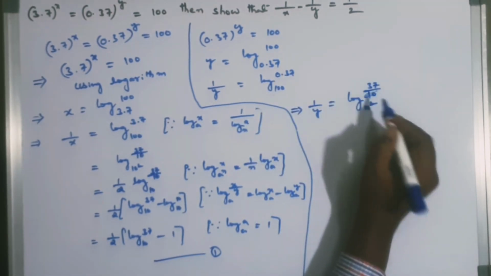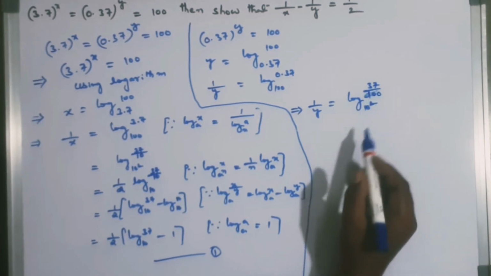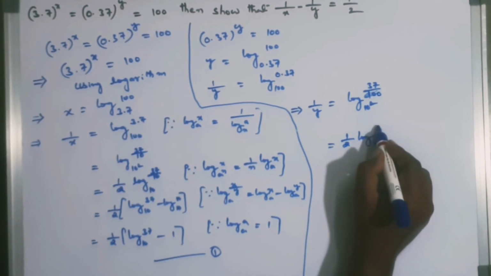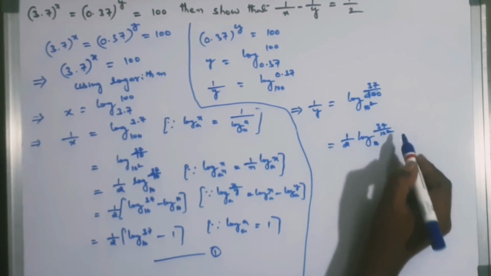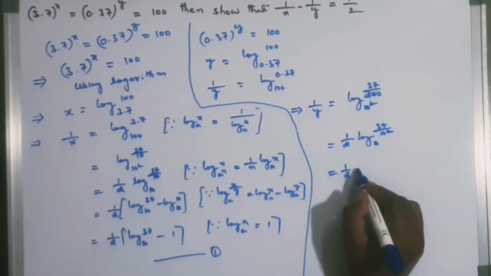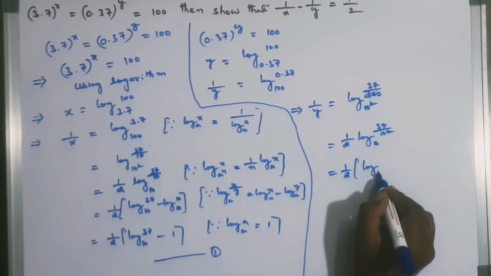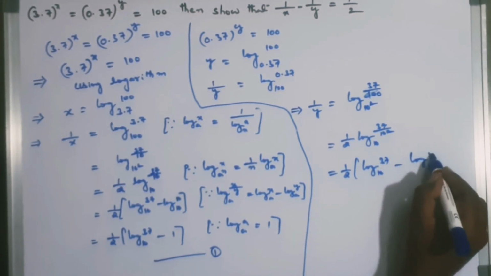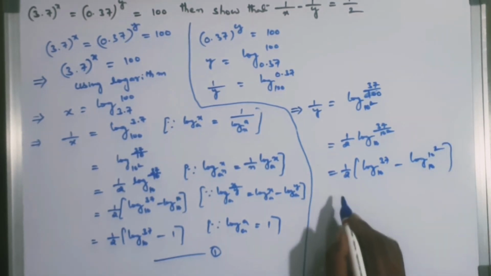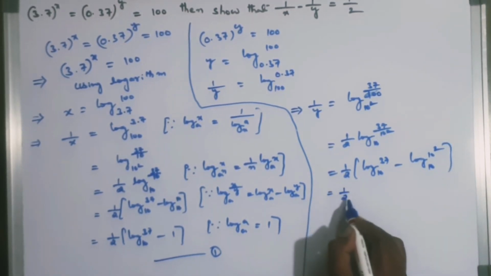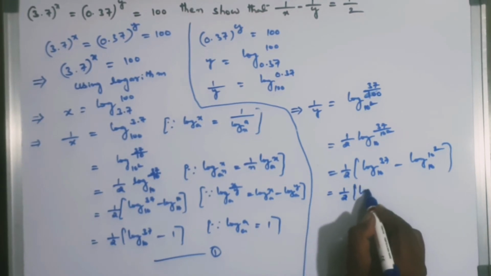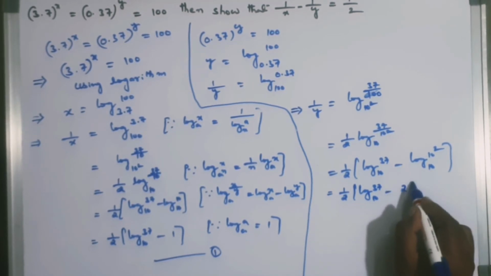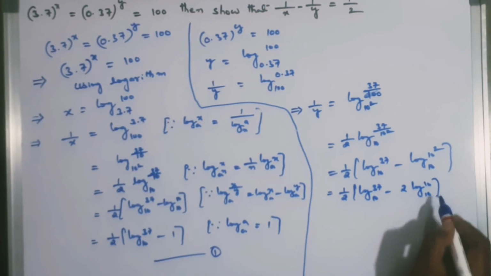Okay, but I will write as 10 square. So furthermore 1 by 2 of log base 10 to 37 by 10 square. 1 by 2 of log base 10 to 37 minus log base 10 to 10 square, which implies 1 by 2 of log base 10 to 37 minus 2 of log base 10 to 10.